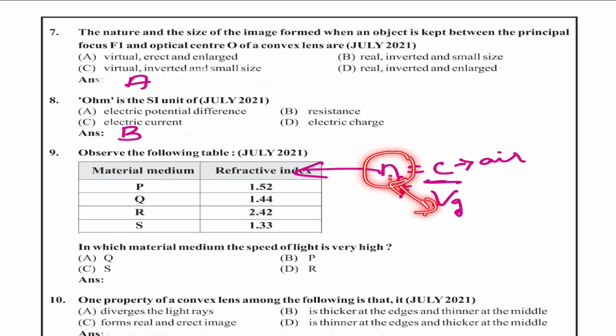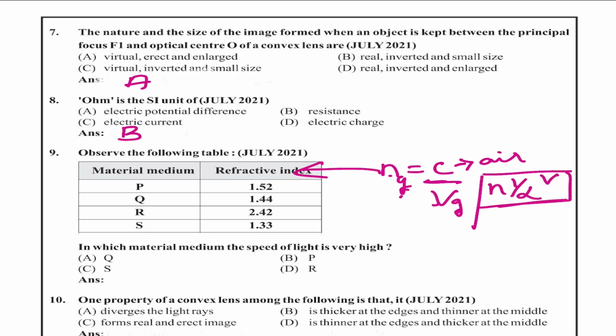Now from the formula it is very clear that refractive index and the velocity of light in that particular medium, they are inversely proportional. That is, refractive index is inversely proportional to velocity of light in a particular medium. Knowing this logic, we shall come back to the question.